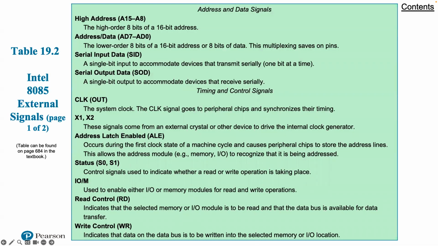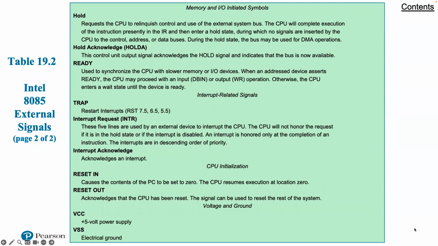Table 19.2 describes the internal signals into and out of the 8085. These are linked to the external system bus. I'm not going to be reading all of these, but you can pause the video and go through this. You will see some linkage between this and things that we have been discussing for the x86 architecture, but as a precursor to that, things are not quite as developed.